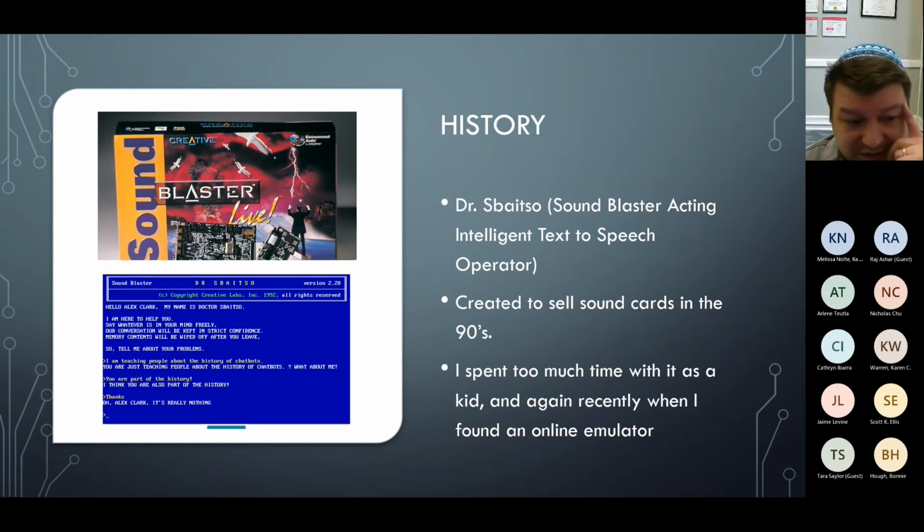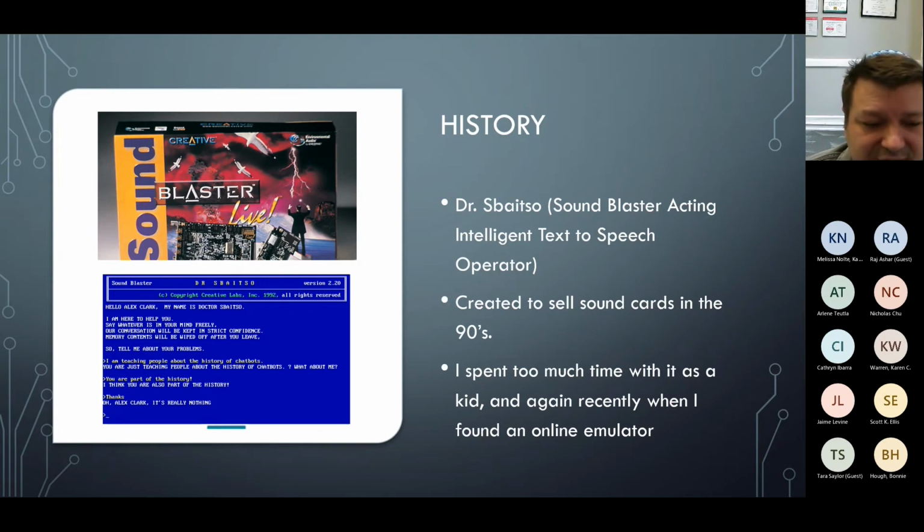And they decided that a great way to show off the abilities of the Sound Blaster was to ship them with an ELIZA copycat called Dr. Sbaitso, standing for Sound Blaster Artificial Intelligence Text-to-Speech Operator. So the way that it worked was it would type its responses out on the screen like that, but it also would speak responses aloud using a speech synthesizer. The original Dr. Sbaitso is also available online if you search around for Dr. Sbaitso emulator on Google.